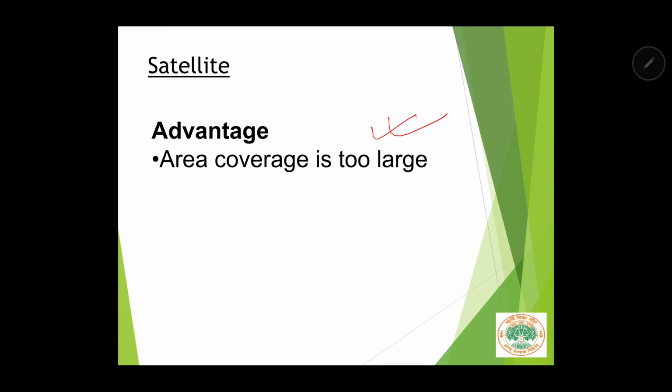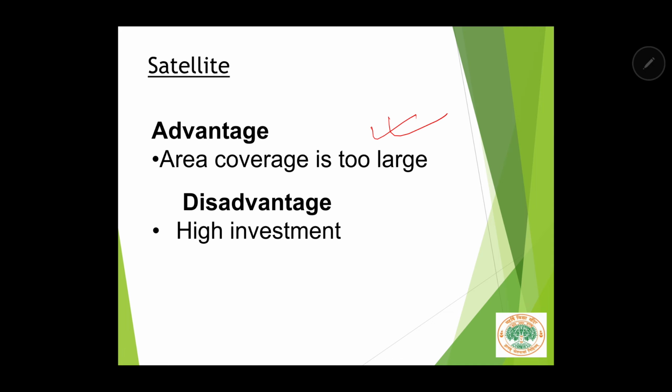So if you want to transfer from one country to a different country, then it is done with the help of satellites only. What is the disadvantage? The disadvantage is that the investment is very high. So you cannot buy a satellite personally and use it. It is basically acquired by government or by very big corporates.